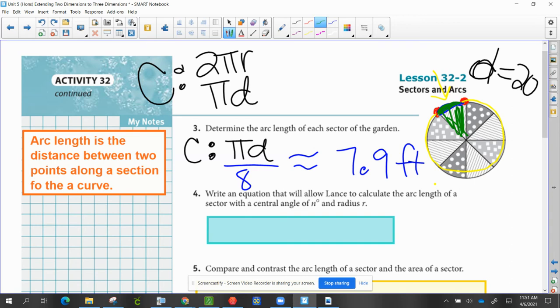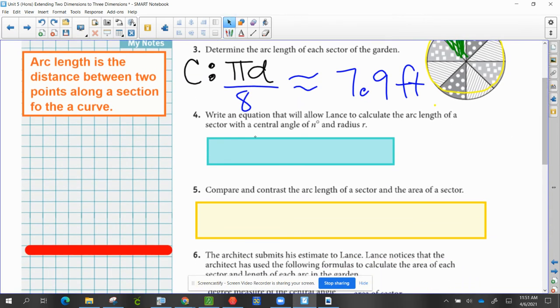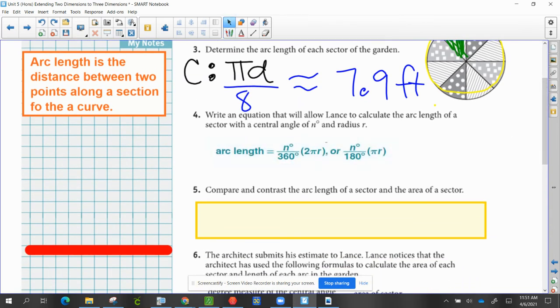So an equation that we can use every time would be one of these. Basically, it's just your circumference divided by the portion of the circle you have. So if you take your central angle, n, divided by 360, that should give you your portion of your circle, and then just times that by the circumference. So we know this is standing for circumference. Now, this formula is just a simplified version of that.